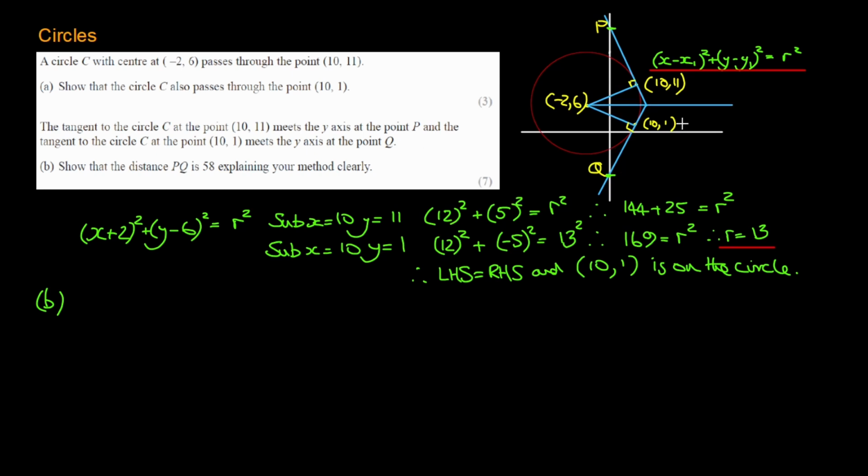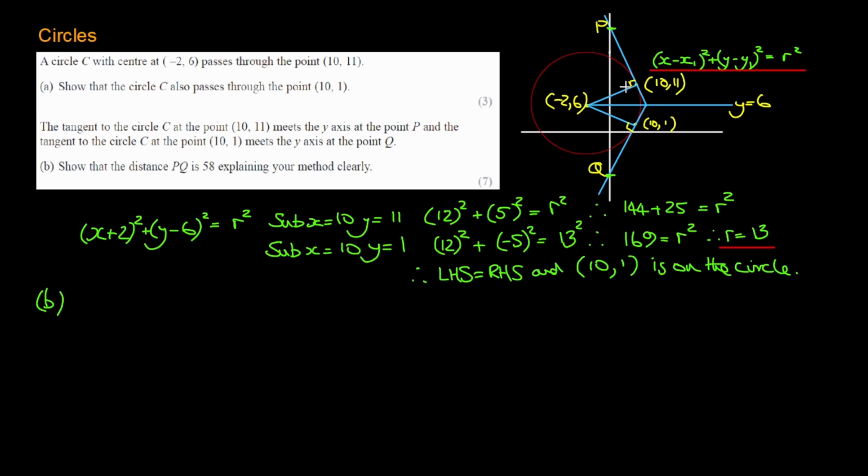I notice also, because of symmetry, the two tangents meet at the line y equals 6. That might also prove useful soon. That all stems from the fact that we've got the same x-coordinate for the two meeting points of the tangent. The diagram was quite useful in confirming that symmetry.